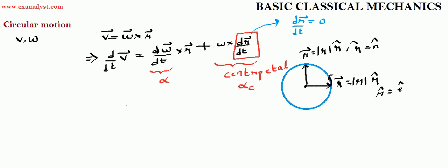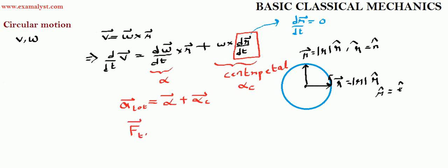So what do we understand from here? We understand that the total acceleration has two things. One is an angular acceleration and another is a centripetal acceleration. We know that whenever there is an acceleration, there is force. It means in a circular motion, the total force is made up of two parts.